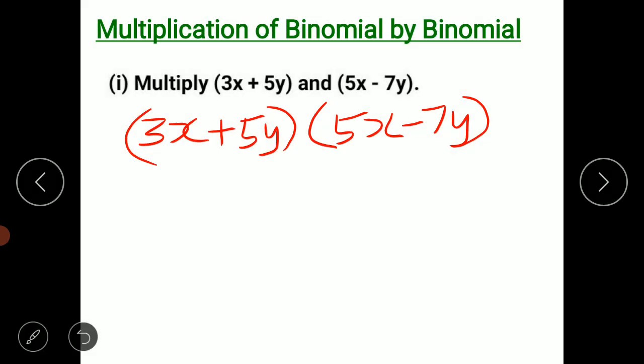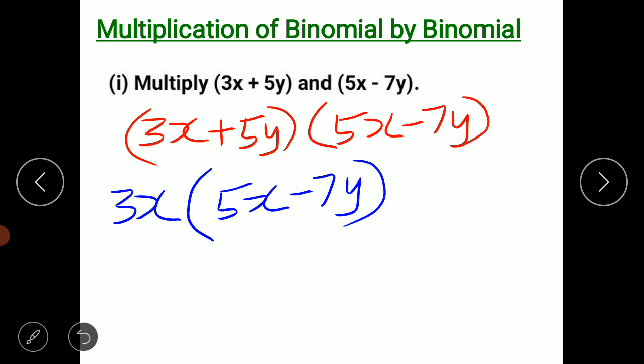So how to multiply a binomial by another binomial? Take the first term of the first expression, so 3x, and multiply by the second expression, 5x minus 7y, within the bracket, because a single term is going to multiply with two terms, so we place it in a bracket, as we know very well.